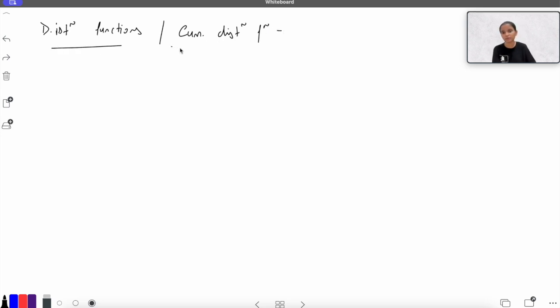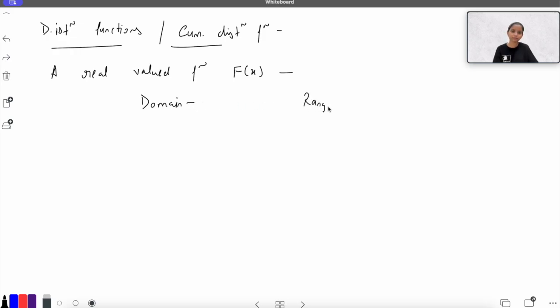The cumulative distribution function is defined as a real valued function F(x), which is right continuous and defined on some domain to some range.